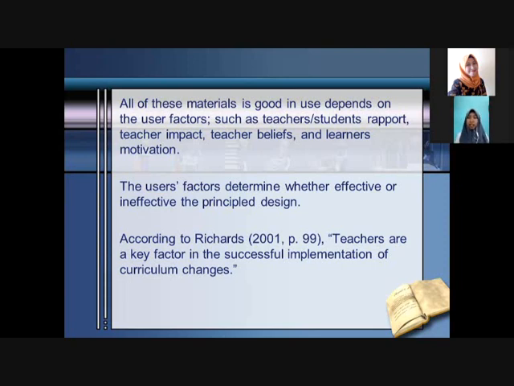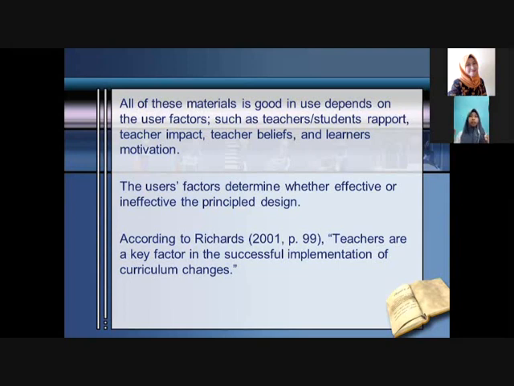The teacher understands and knows their students' ability, their students' background knowledge, and what the students need. So the teacher can bring the successful implementation of the curriculum and the successful conveying of the materials in the classroom to the students, right?